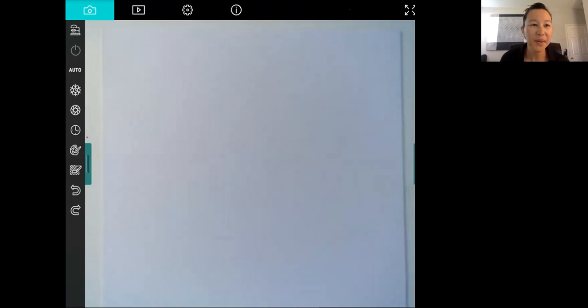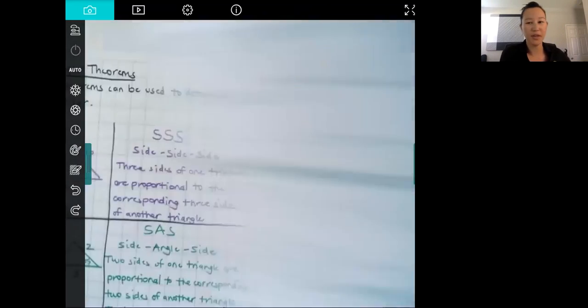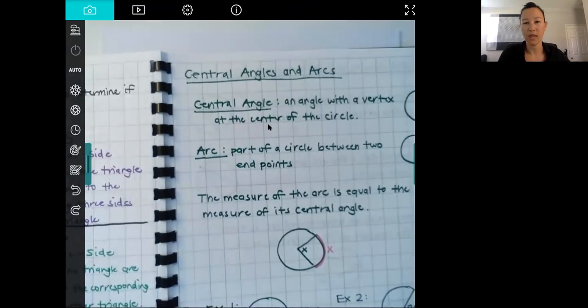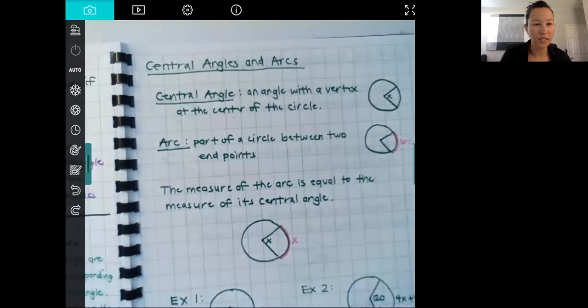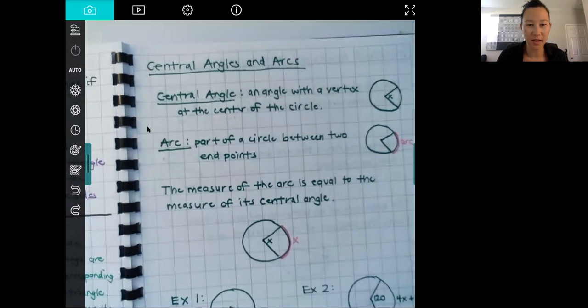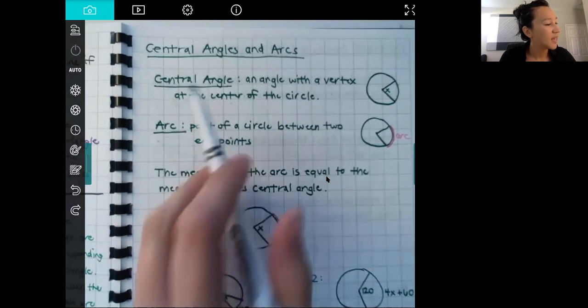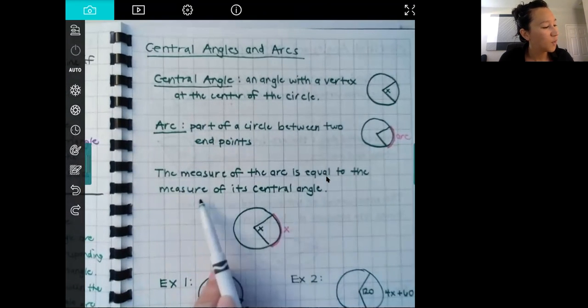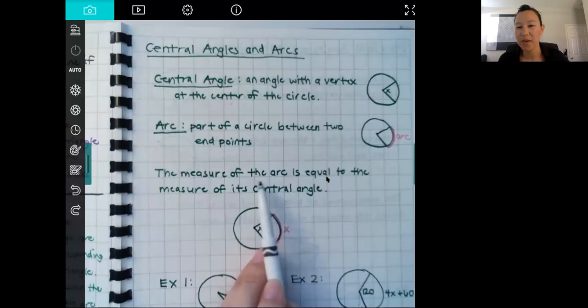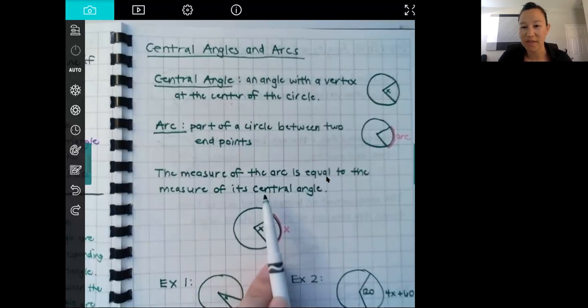All right, so let's go back to the Unit 8 study guide. If you guys remember, we'll just review. This is talking about central angles and arcs, 1, 2, and 3. Remember, a central angle is equal to the arc. The measure of the arc is equal to the measure of its central angle.